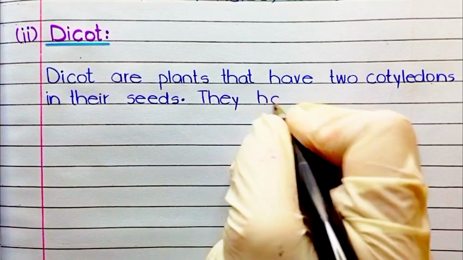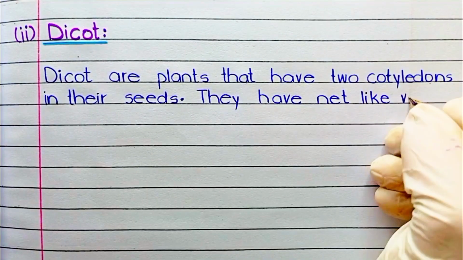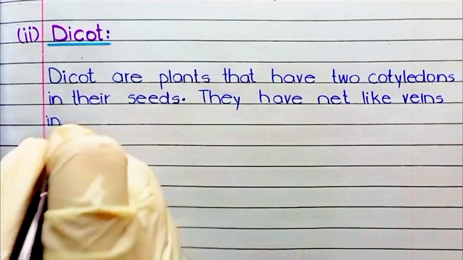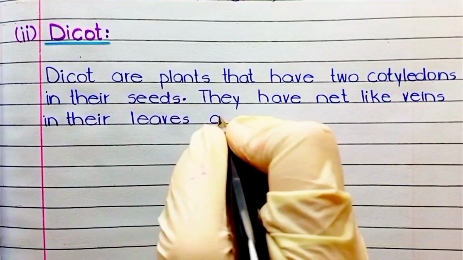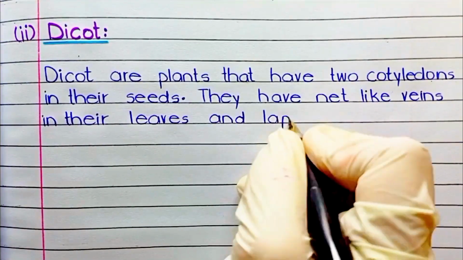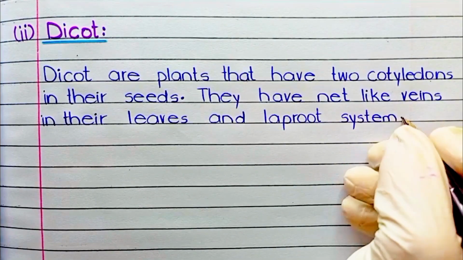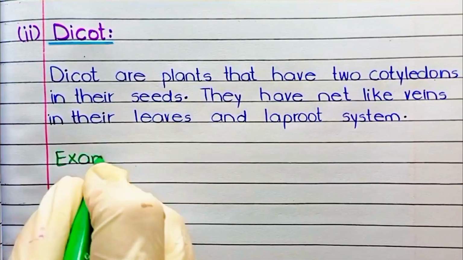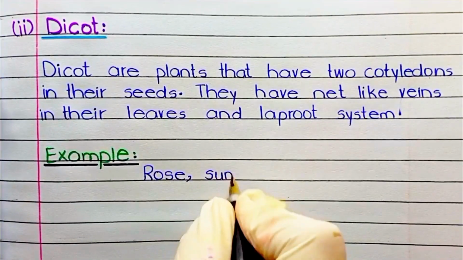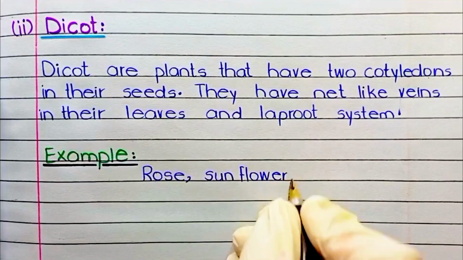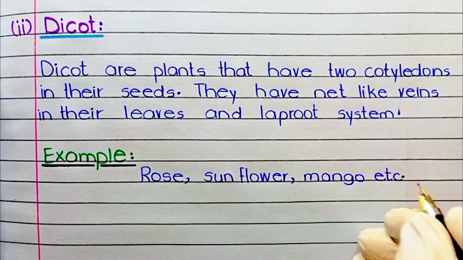They have net like veins in their leaves and taproot system. It means they have taproot system. Examples of dicots are rose, sunflower, mango, etc.